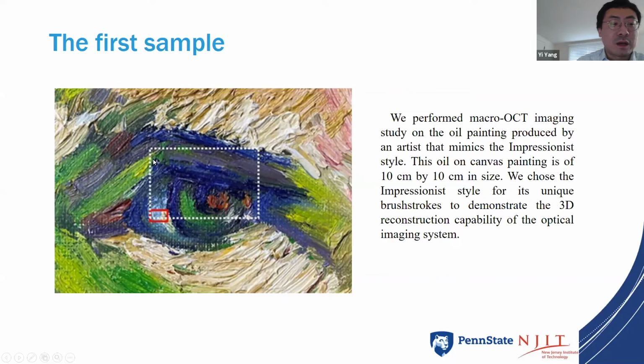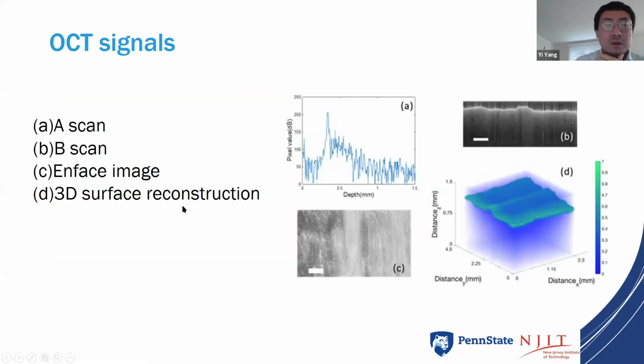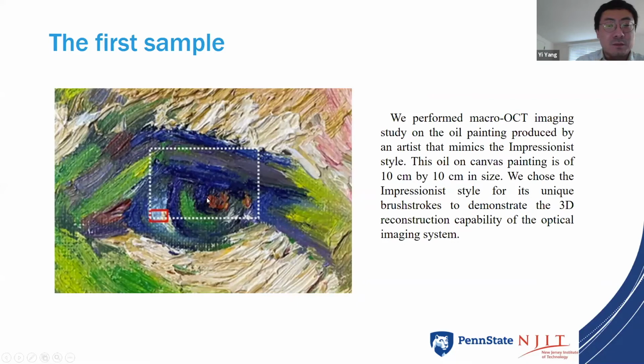We would move about 9 times in the vertical direction and about 10 times in the horizontal direction to scan the image of this white dotted box. But it also created a lot of problems, and I'll talk about this in a second.